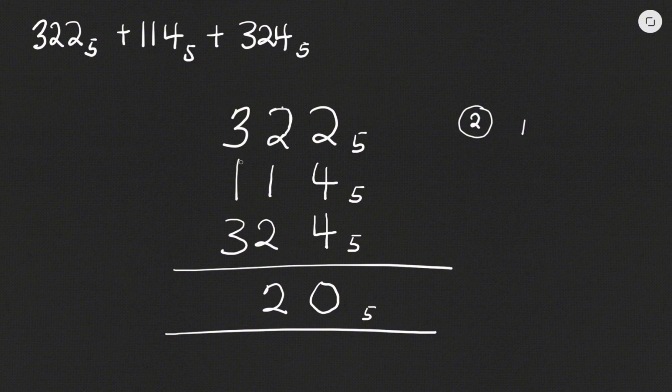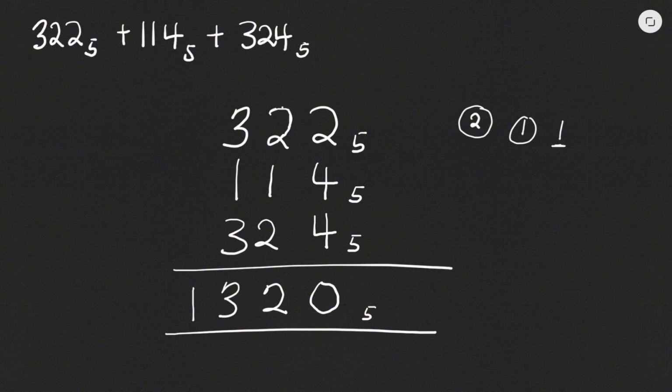So 3 plus 1 is 4, plus 3 is 7, plus the 1 that we carried already, making it 8. So 5 will go into 8 once, and then it will be left with 3. So I write down the 3, and then the 1 that I carried initially, since there is no number to add in front of these, I'll write that 1 in front over here. So my answer will be 1320 base 5.